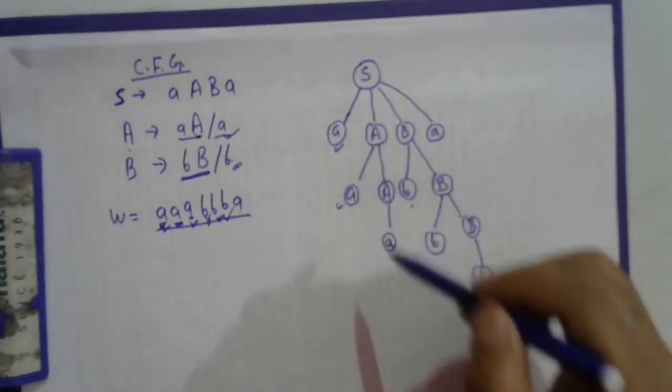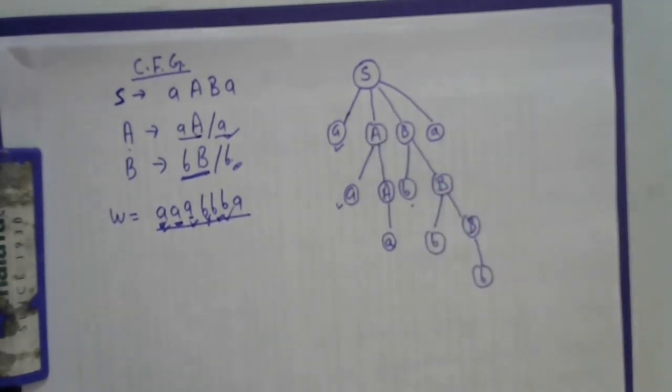Then if you read this tree, it can be traversed with many methods. There are three basic methods for tree traversal: in-order, pre-order, and post-order.